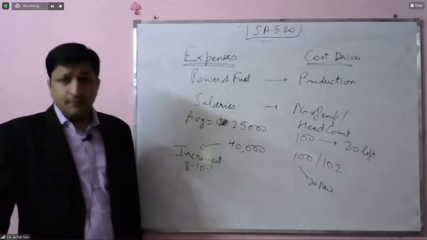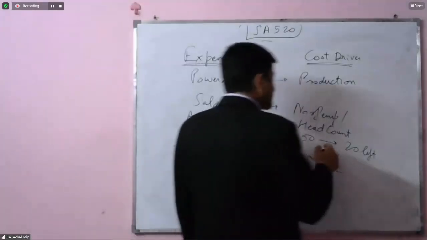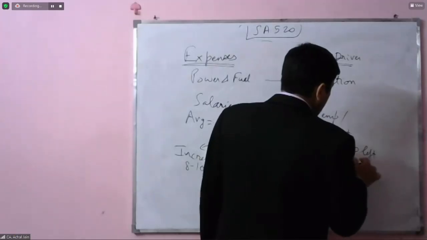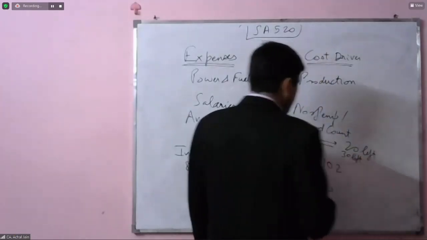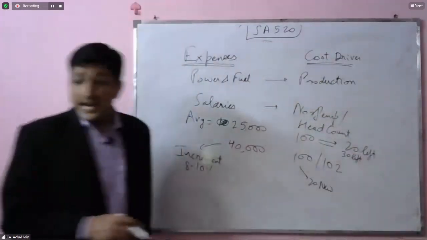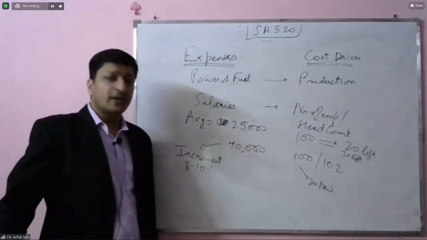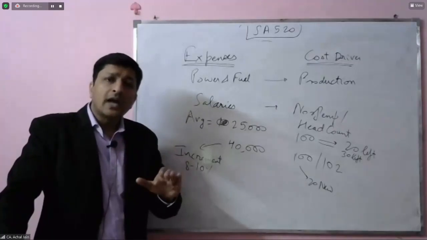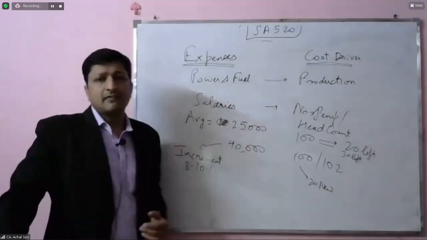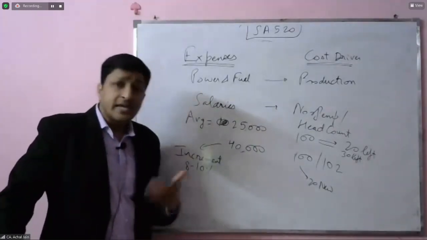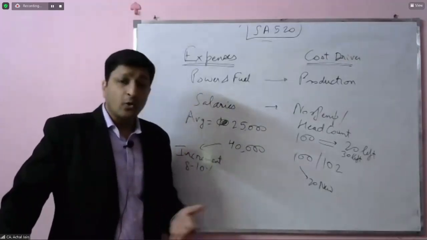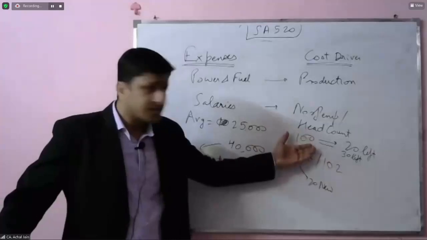Or maybe that out of these 100, say 30 left and 30 joined, and out of these 30 who have joined, 5 employees are at the senior management level, whose salaries were in the lower brackets in the previous years.